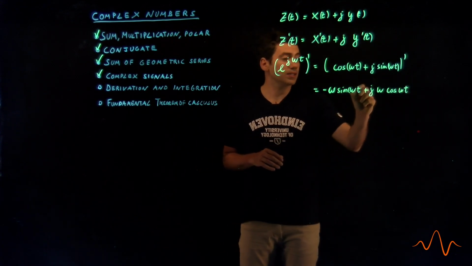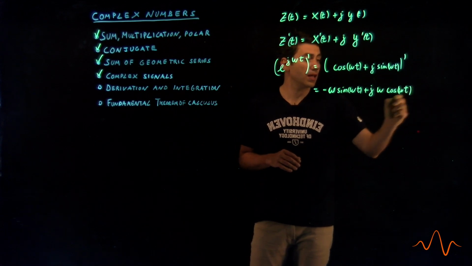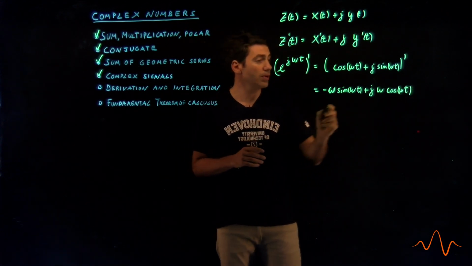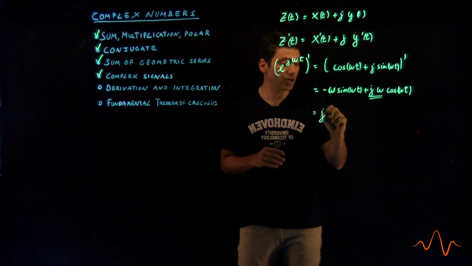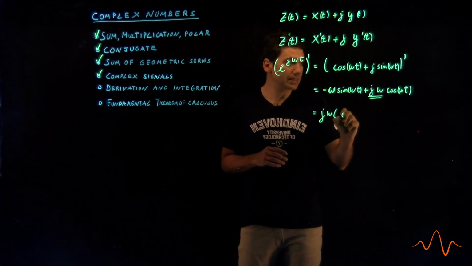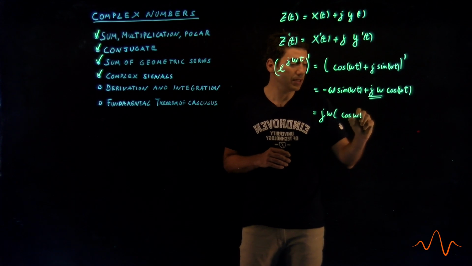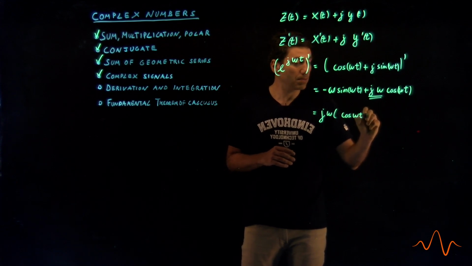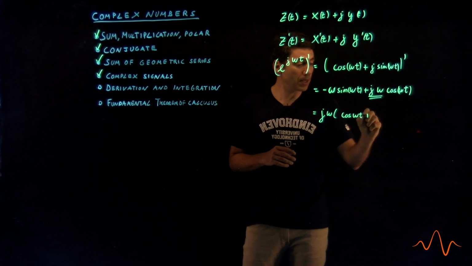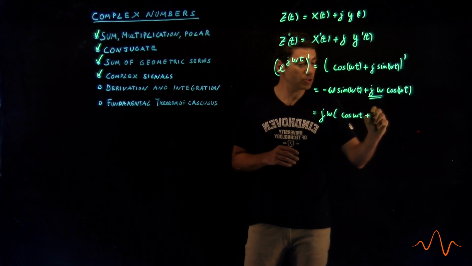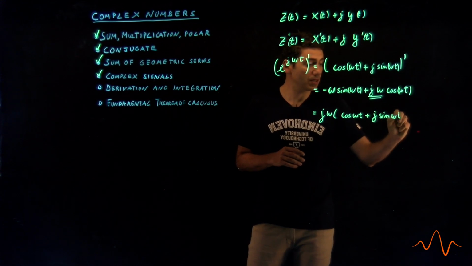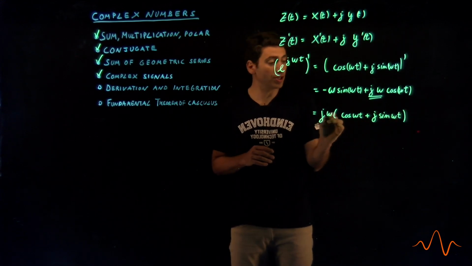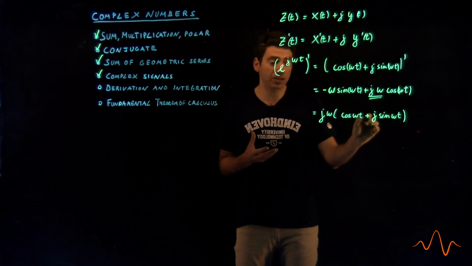Now, we can write this in a different form. If I just factor out this term here, I'll get j omega times cosine of omega t plus j sine of omega t, because when I multiply j omega times j, I get minus omega.